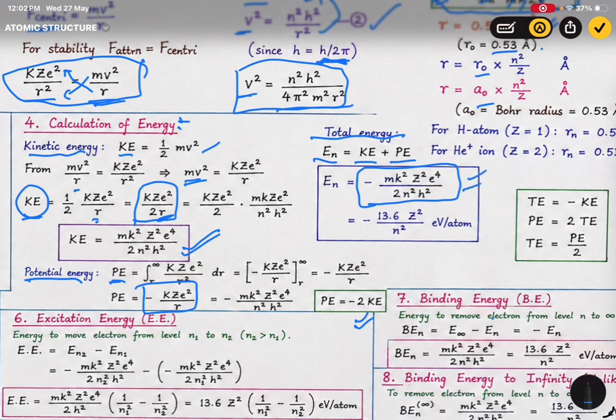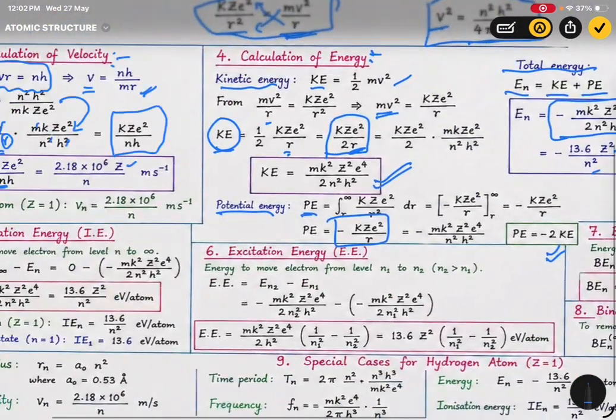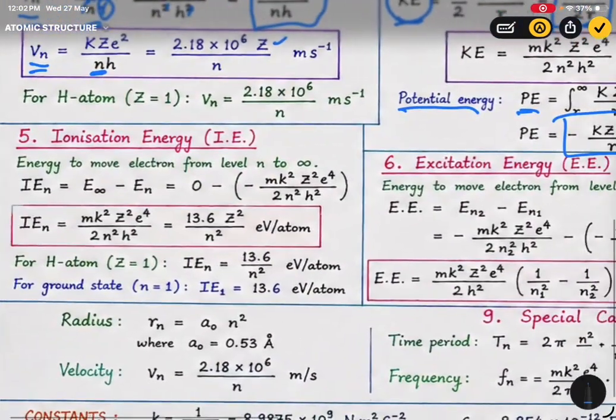Here also, except z and n, all the rest are constants. By substituting them, we get minus 13.6 z square by n square electron volt per atom. This is important: total energy equals minus kinetic energy, and total energy equals potential energy by 2. Hope it is clear until this.